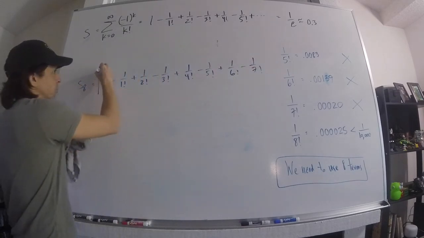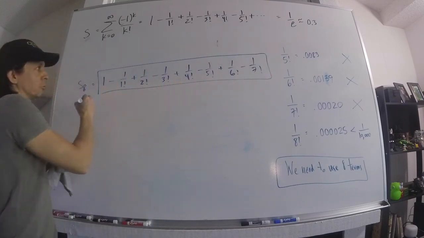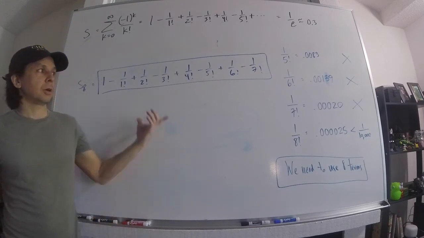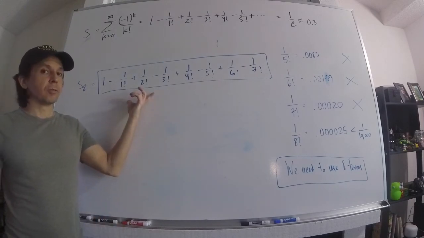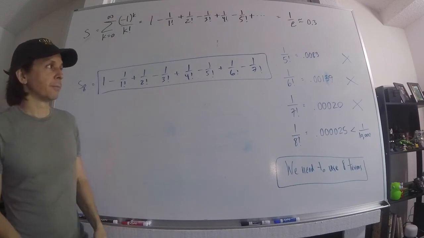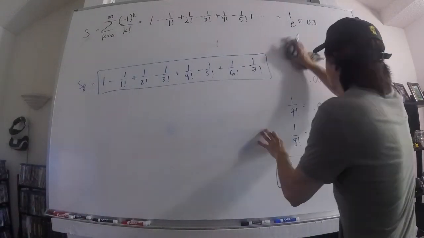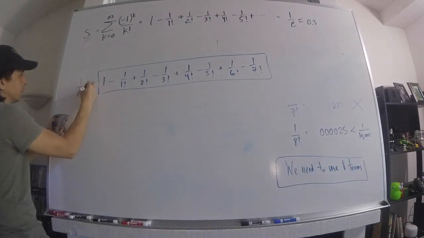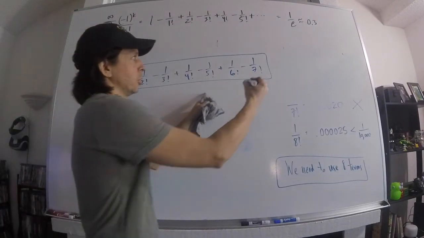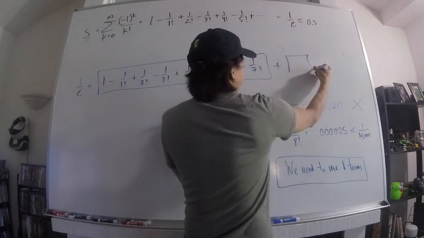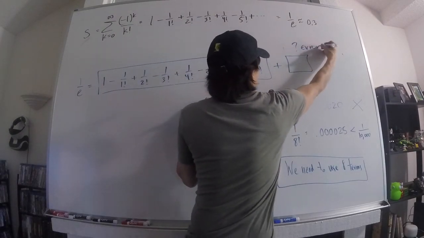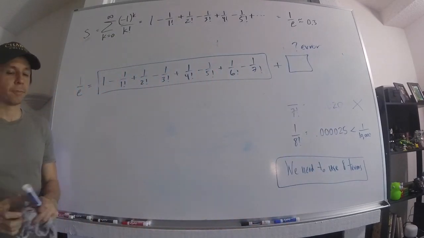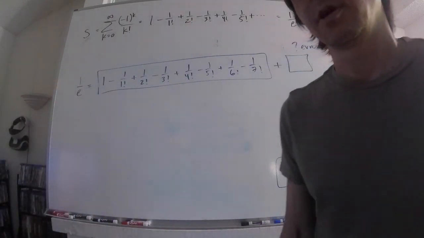Using that as an approximation will be very close to the actual value. That it'll be within 1/10,000th of that actual value of 1/e. So that's the idea. Okay. So 1/e is equal to all of this plus some error term. And that error term I can guarantee is under 1/10,000th. That's it. Yeah, that was iffy. Okay.